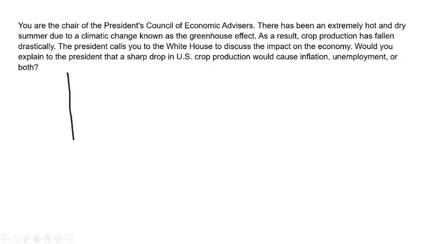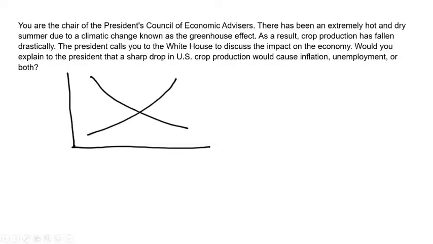So to do that, we need to understand the state of the economy. Initially, we're at equilibrium, let's say at P1 and real GDP 1.